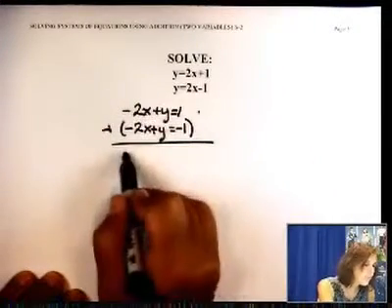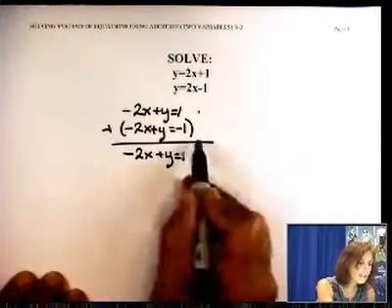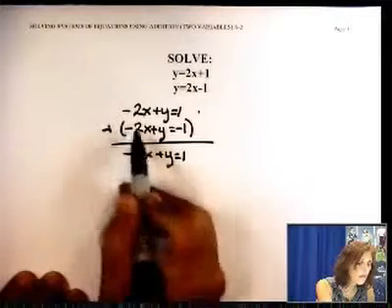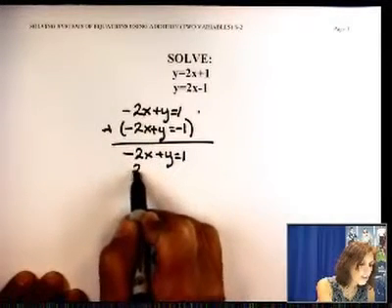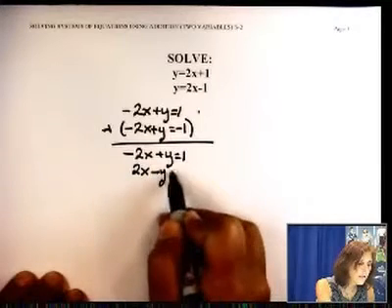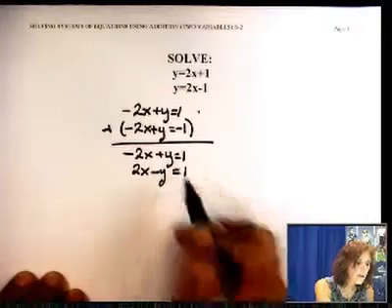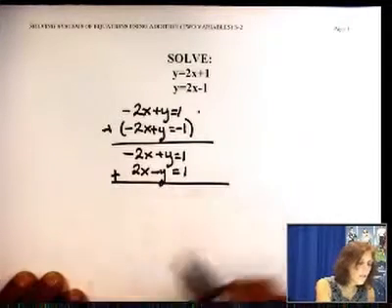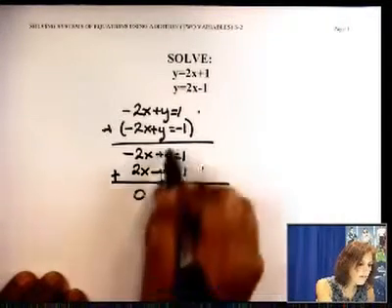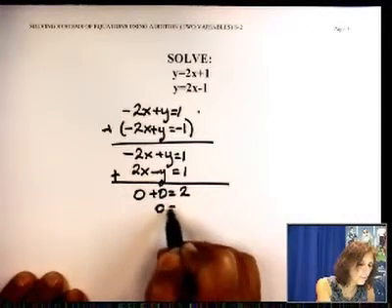So the first equation was negative 2x plus y equals 1. The second equation is negative 1 times negative 2, that's 2x, negative 1 times y is negative y, equals negative 1 times negative 1, that is 1. Now let's add. You're going to end up with 0 plus 0 equals 2, which is 0 equals 2.